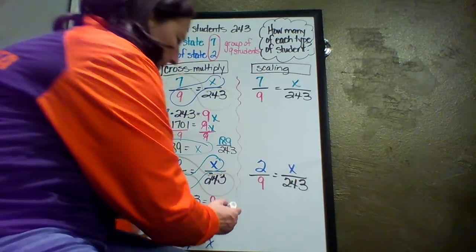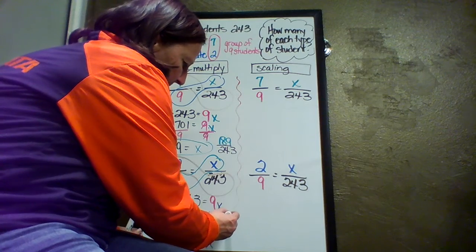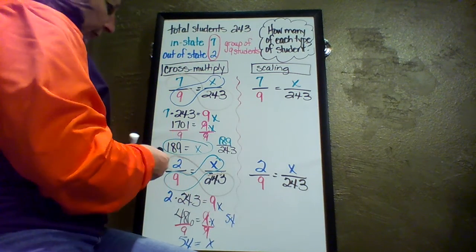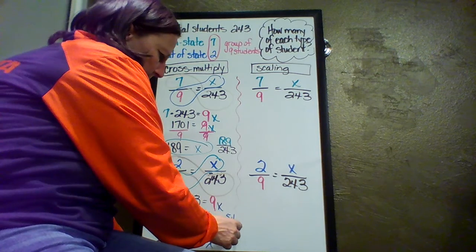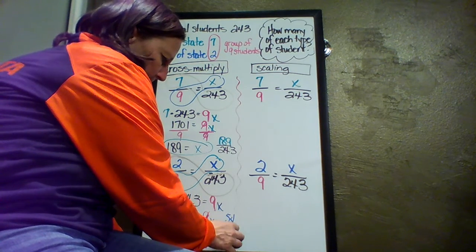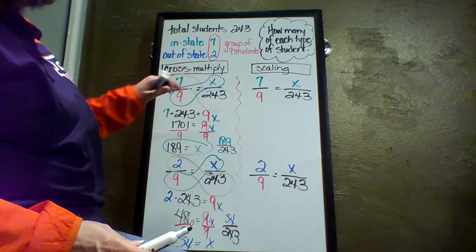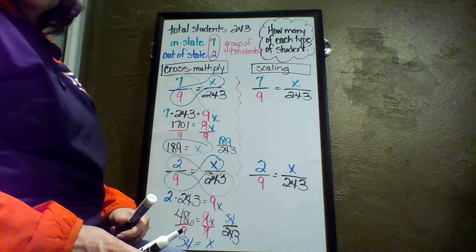All right, so that means that 54 students out of 243 students are out of state students.